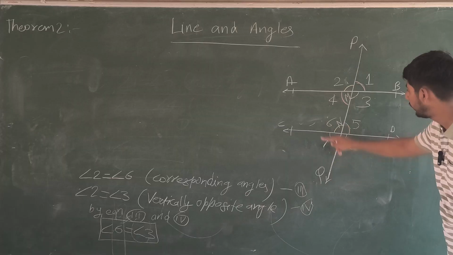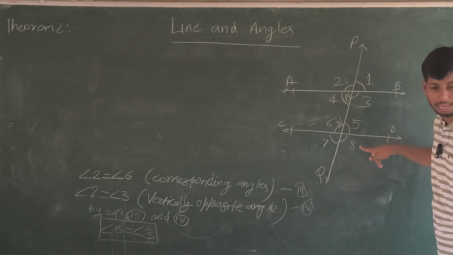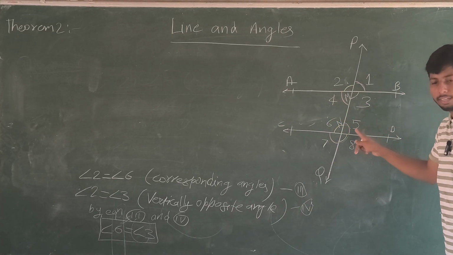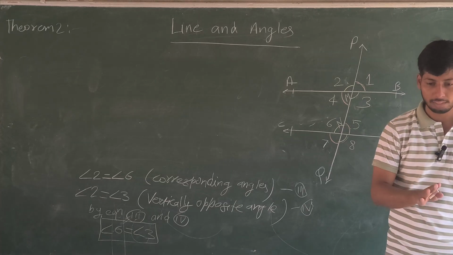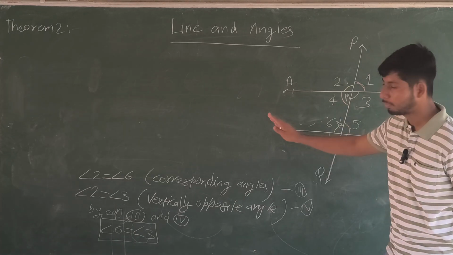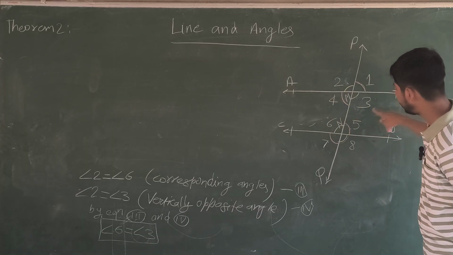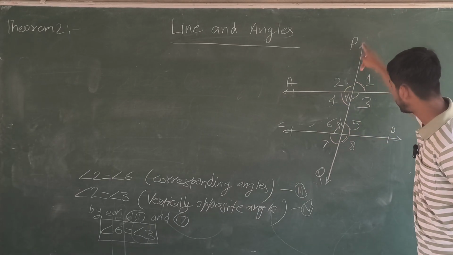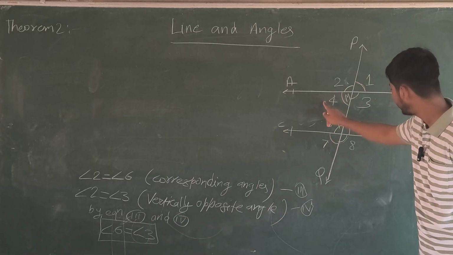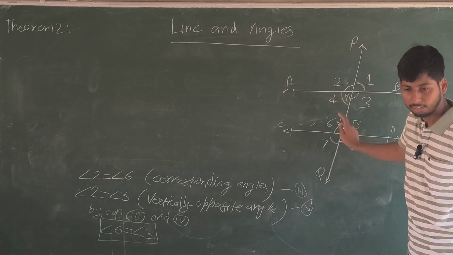If a transversal line intersects two parallel lines, then alternate interior angles are equal. Means in theorem number 1, we proved that if two parallel lines are given and a transversal line is also given, then alternate angles are equal.